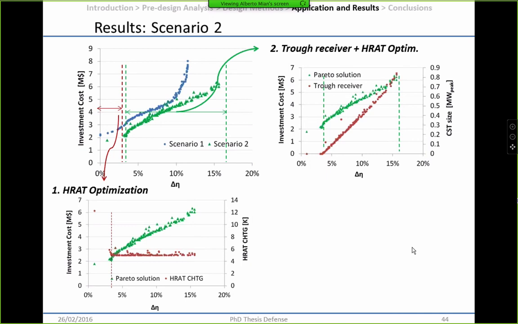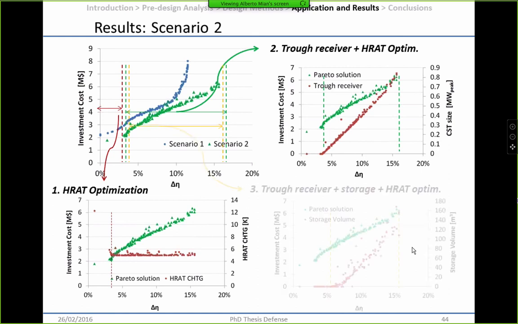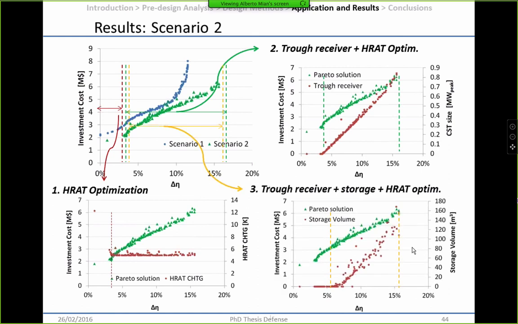In this case, there is a third zone in which we have an impact of the storage. The impact of the storage is that it will reduce the size of the concentrating solar trough.